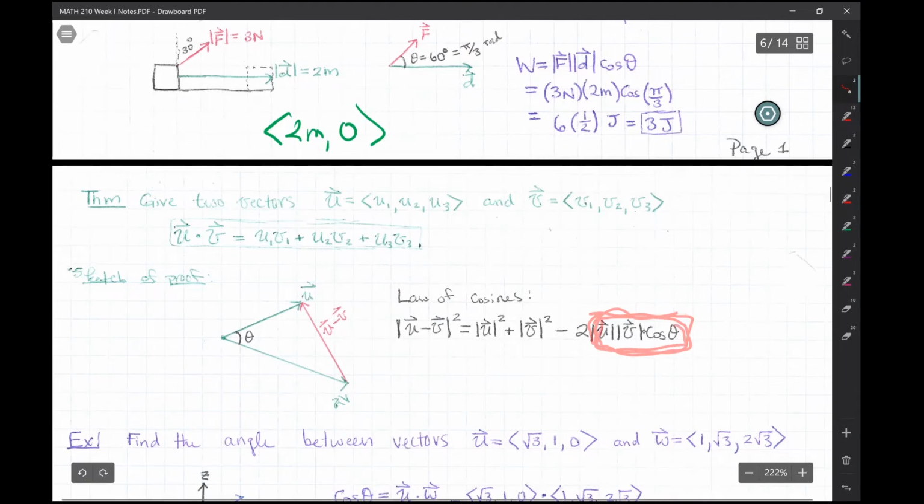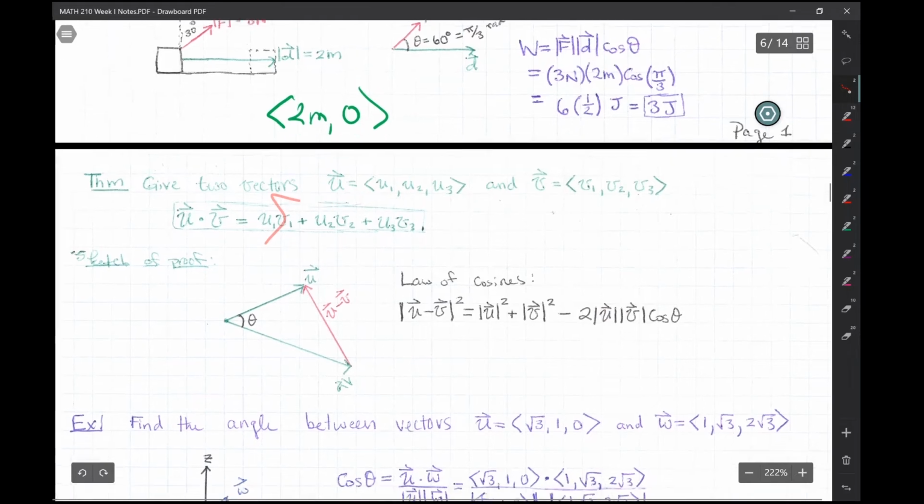So you could then solve for this guy here and plug in what you would have for u and v into these. So u squared, for example, would be equal to u1 squared plus u2 squared plus u3 squared. So you could then prove that indeed you would get this formula.